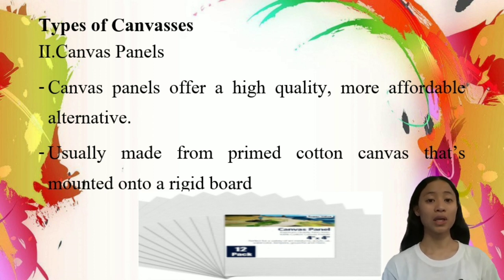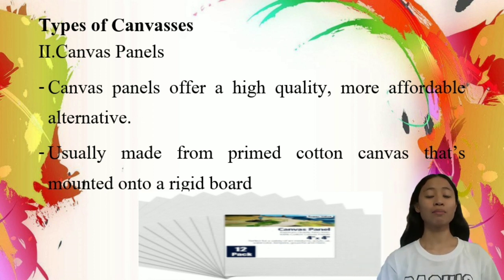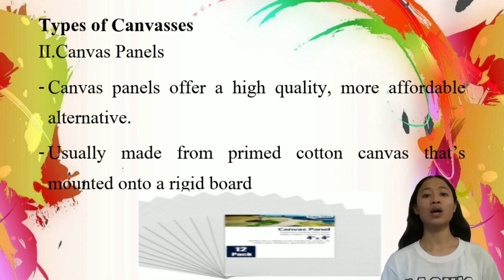As you can see in the picture, it is just like a pack of coupon bond, making it perfect for students like me. But it is not like stretch canvas that really lasts, since it is just like a pack of coupon bond. So, its life is shorter than stretch canvas.